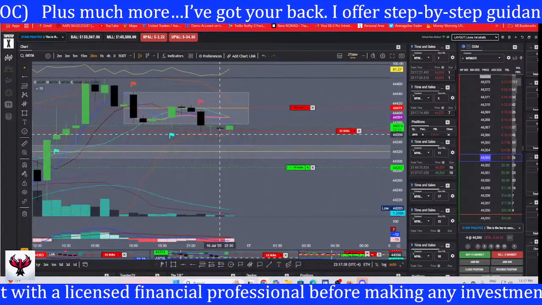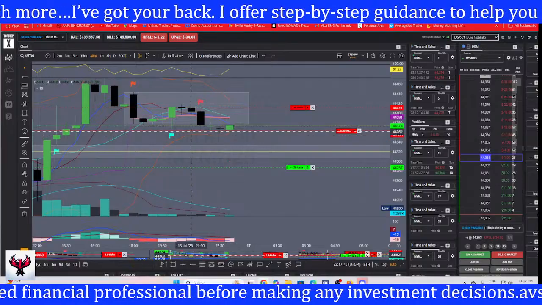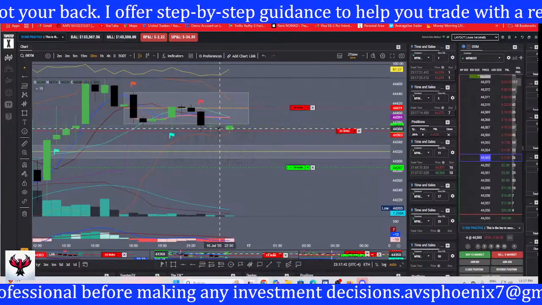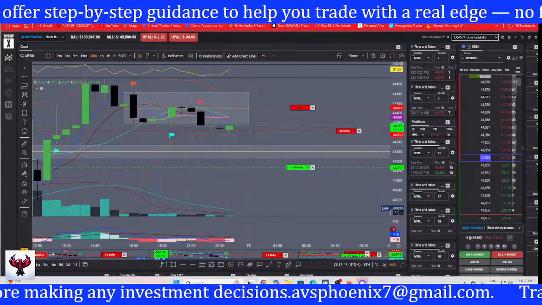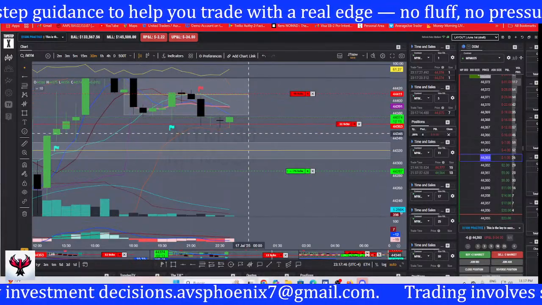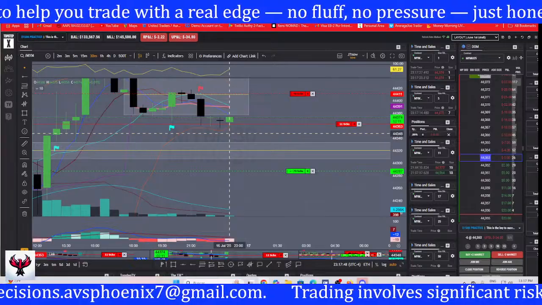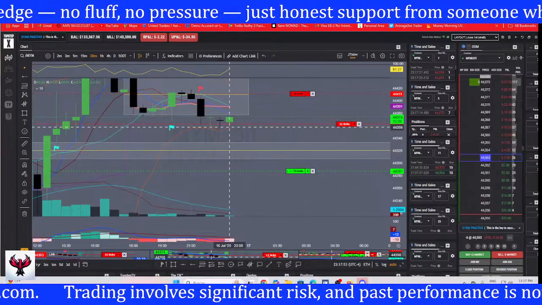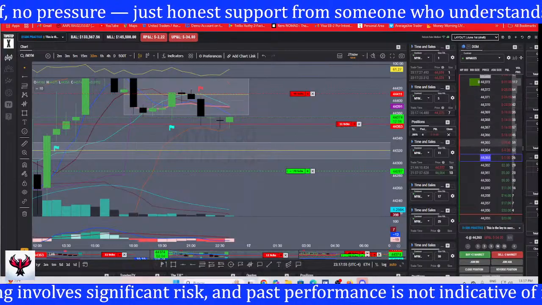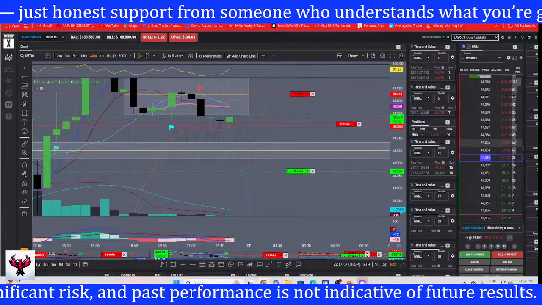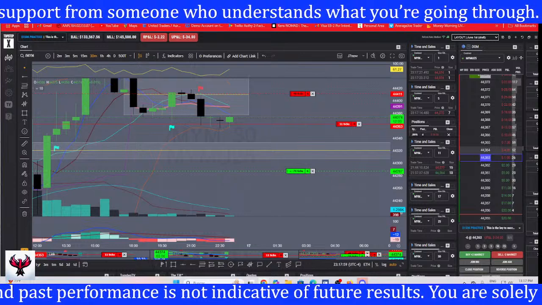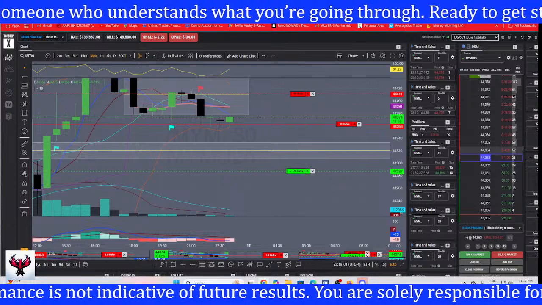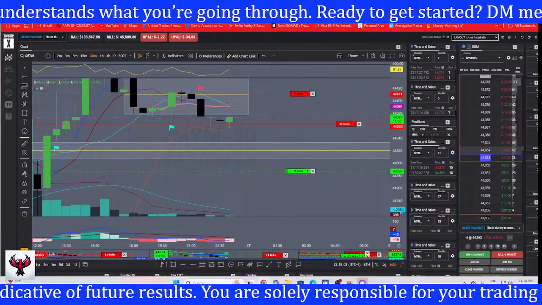Boom, boom, reversal. This is reversal right here. I don't like this. Reversal right there. And then this pointing upward is not good. And I'm looking at another chart right here, and I don't like what I see.